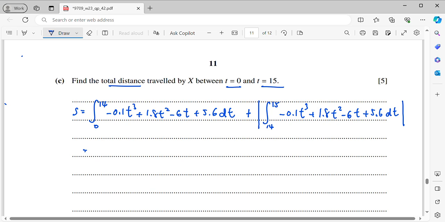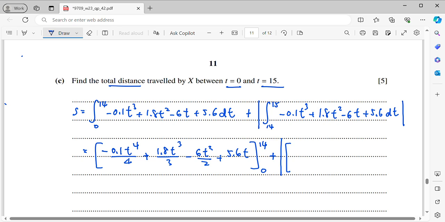So then here I will integrate. Negative 0.1 t cubed becomes t to the 4 over 4, plus 1.8 t squared becomes t cubed over 3, minus 6t squared over 2, plus 5.6t, with limits from 0 to 14. Same goes with the other one, just copy this integration.